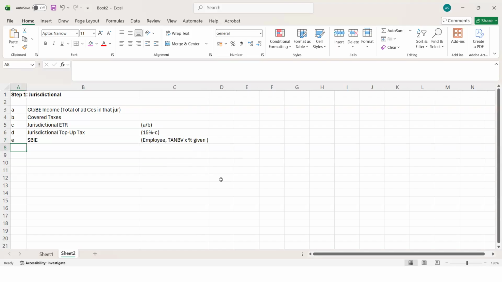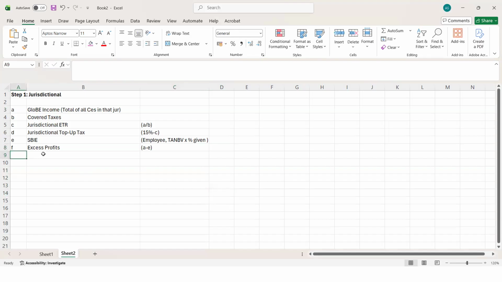Now once I get the substance-based income exclusion, what do I do? I will reduce my GloBE income with the substance-based income exclusion, and I'll get excess profits, right? It is nothing but A minus E. Yes or no? I'll get excess profits.